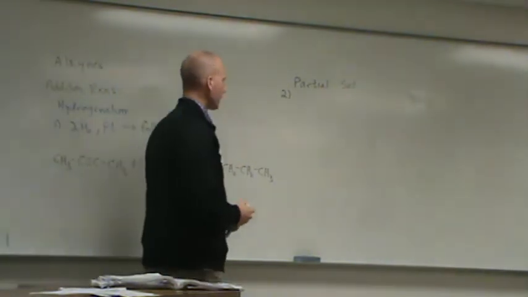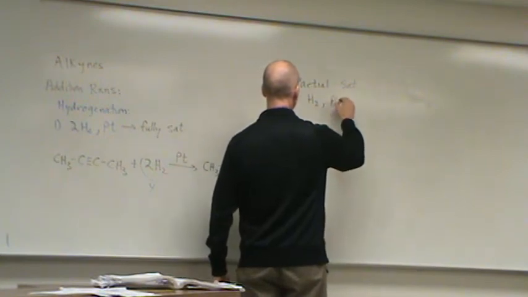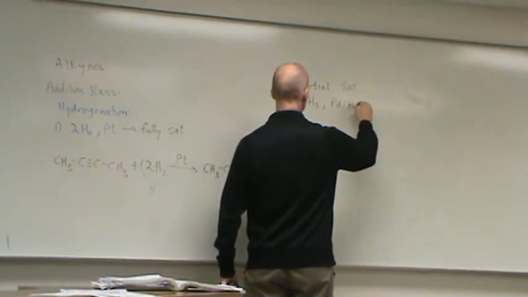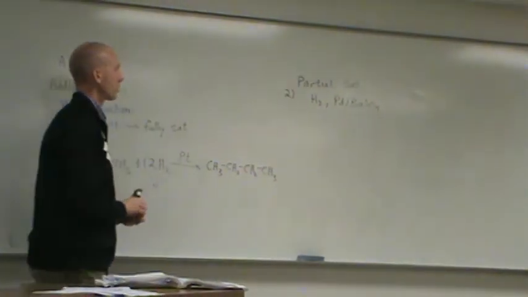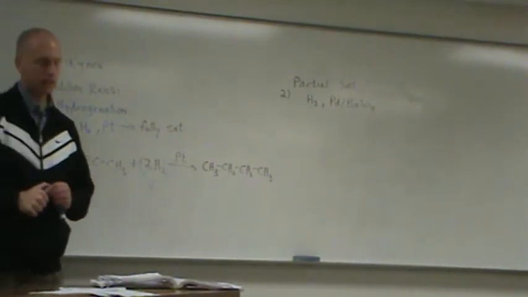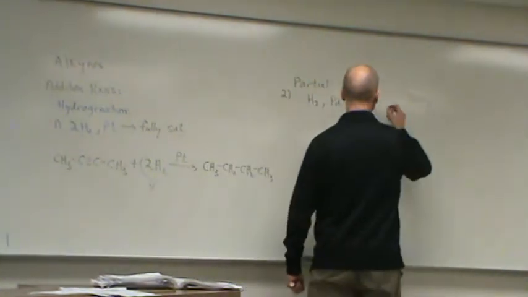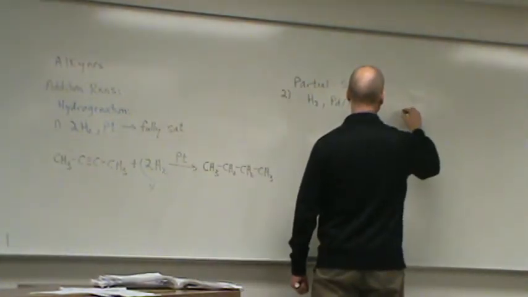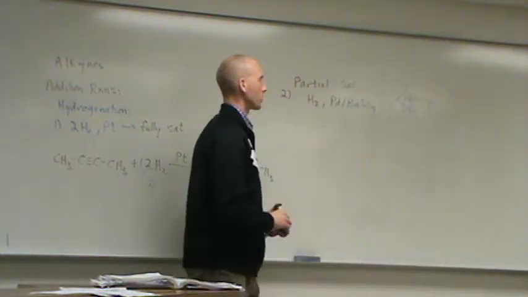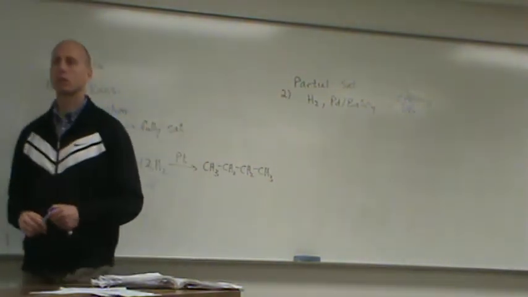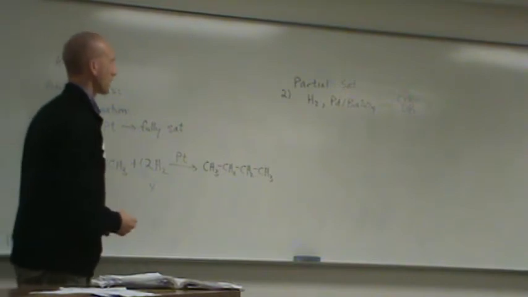The first one is with hydrogen and palladium barium sulfate. What this does is it saturates the triple bond to a double bond, and it makes the double bond cis. Cis.